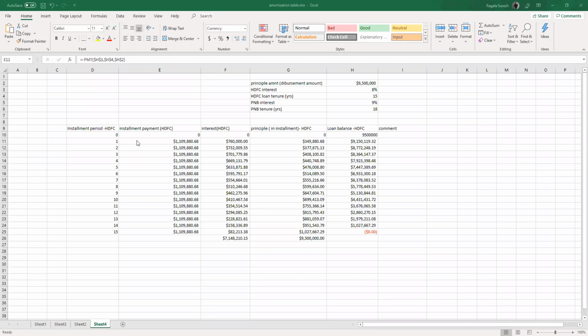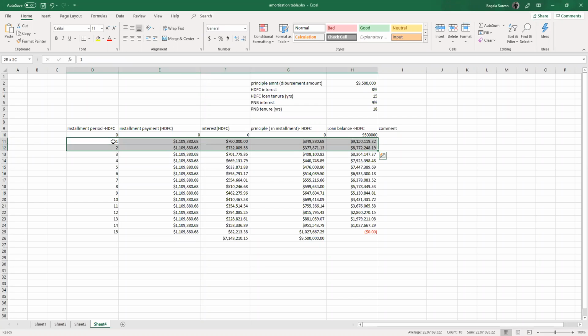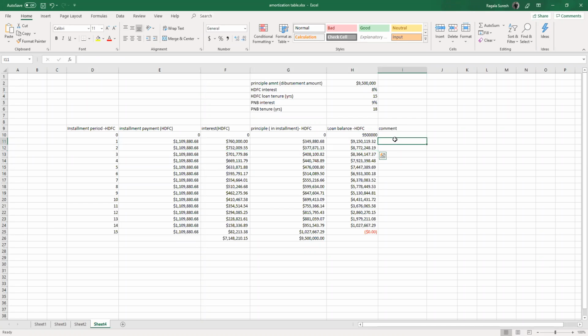Correct. My point is, initially we thought that for the first 2 years the employee is paying, so we should not consider these two installment periods. Suresh, what I'm understanding is that we actually have to consider these two also.